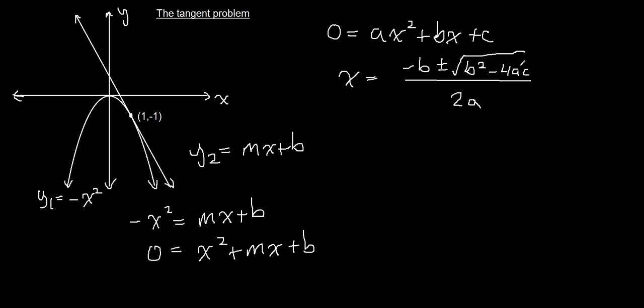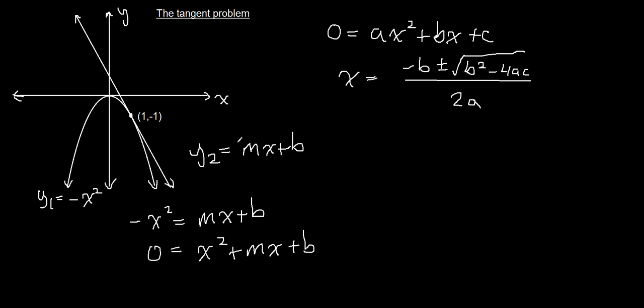You might have learned also that the stuff under the square root is called the discriminant. If the discriminant is bigger than 0, a positive number, you'll have two solutions. If it's 0, you'll only have one solution, because plus or minus 0 is the same as adding nothing. And if it's negative, you'll have no solutions, or, well, your solution will be a complex number.